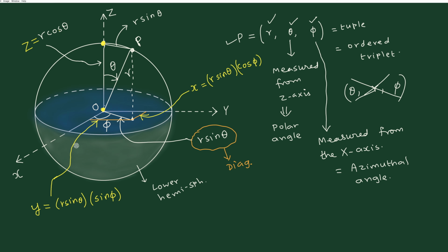Now, our conclusion is the following. After doing all these things, what did you achieve, or what did you get? Our conclusion I will highlight now. We have found z equal to r cos theta. That is the first thing that we found out. The second thing is x equal to r sin theta cos phi.